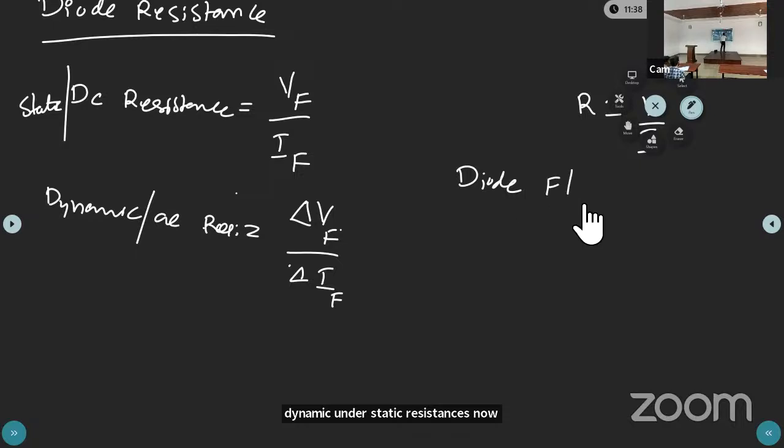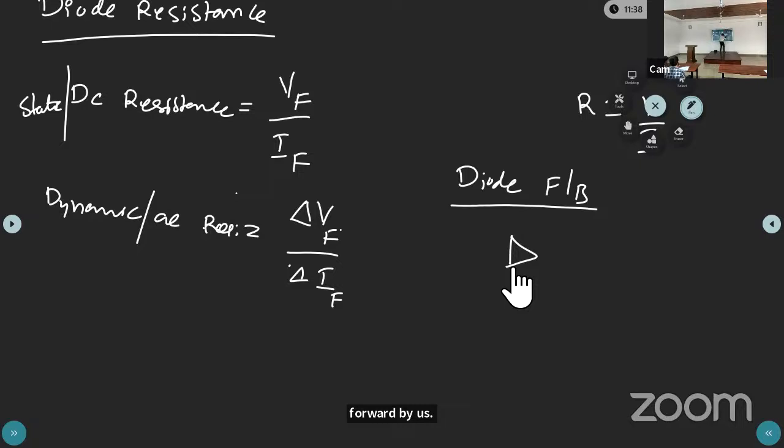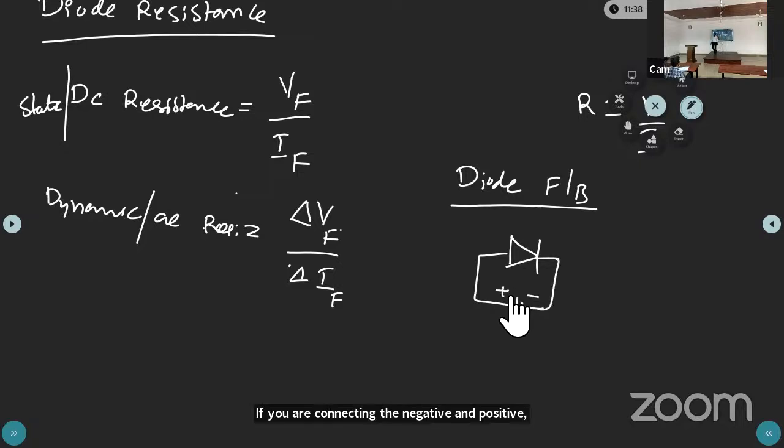Now see, if the diode is forward biased, listen carefully here, you connect positive to positive and negative to negative. After the cut-in voltage, what will happen in the diode? After the cut-in voltage, 0.3 volt for germanium and 0.7 volt for silicon, the whole current will cross the junction.